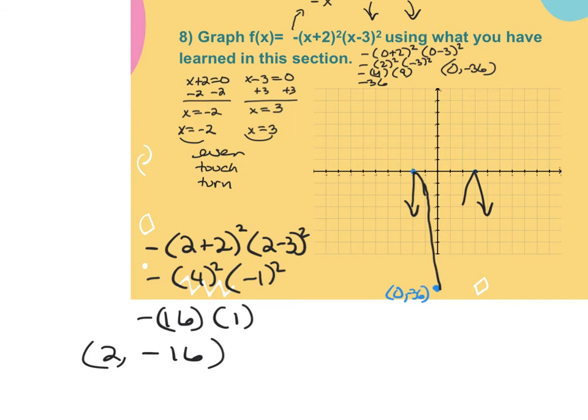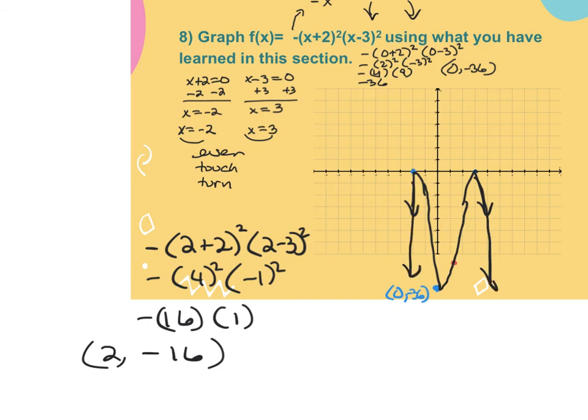So then it's going to come, oops. So I'm going to come over here at 2 and -16, and I can say maybe it's around, let's say -16 might be here. So then it's going to come here, and it's going to go back up. So again, this can keep going down.